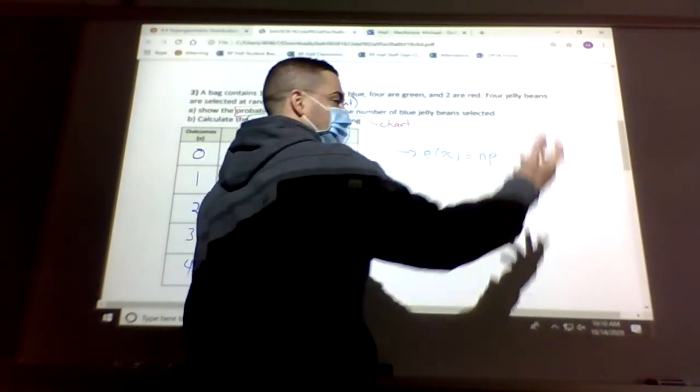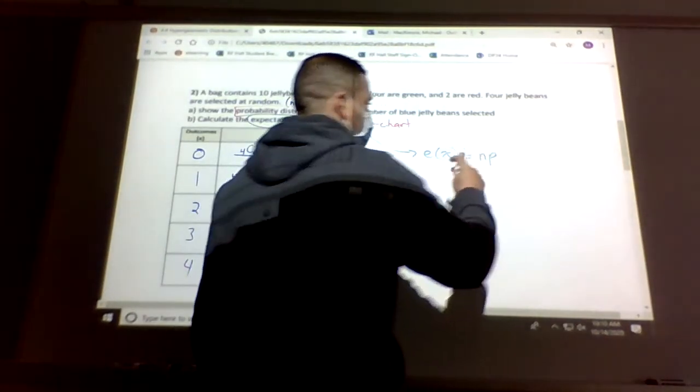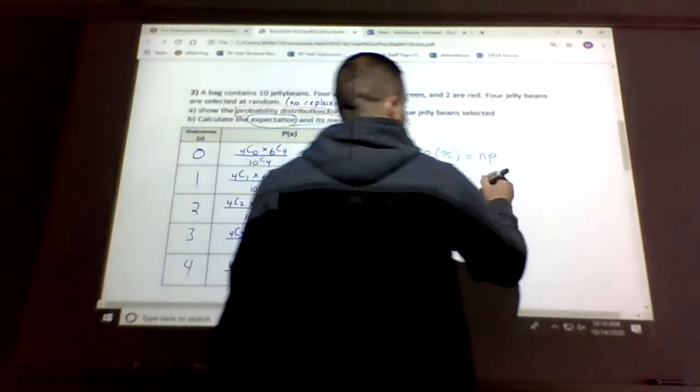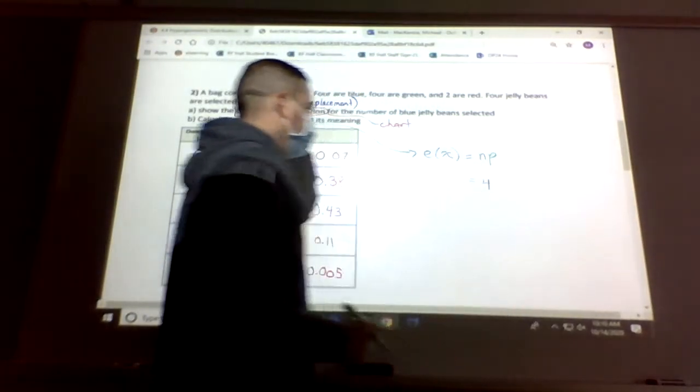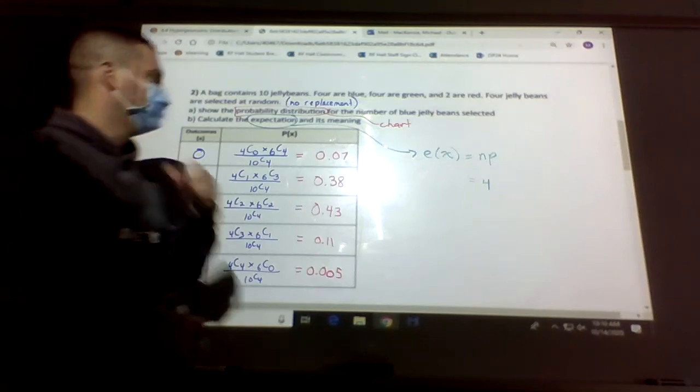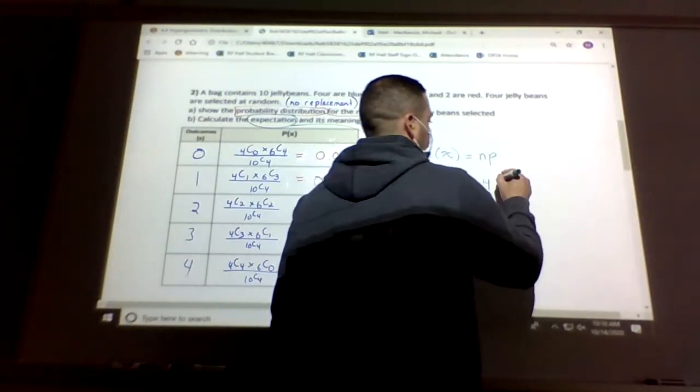The total number of trials is still N. So how many trials? How many jelly beans did we pull out? Sophia? 4. Good. So it's a little bit different than this N here. So we choose 4 jelly beans. And then we want the probability that it's going to be blue.